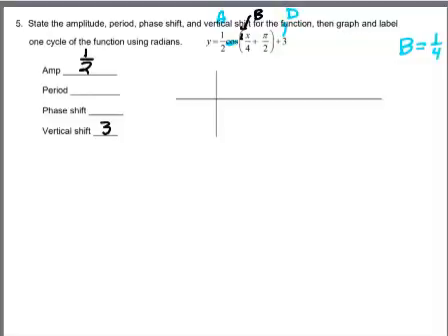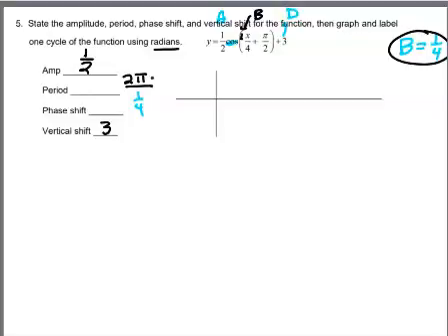So if I take the typical period for cosine, which is 2 pi in radians, and I divide it by B, because it's always the regular period over B. All right, so how do I get rid of that 1/4?